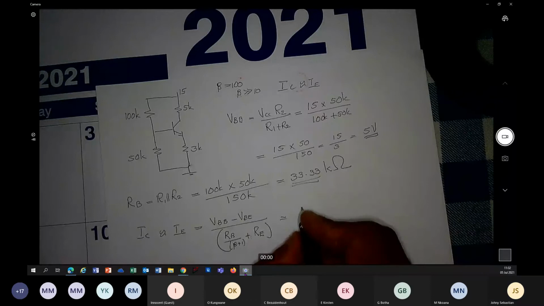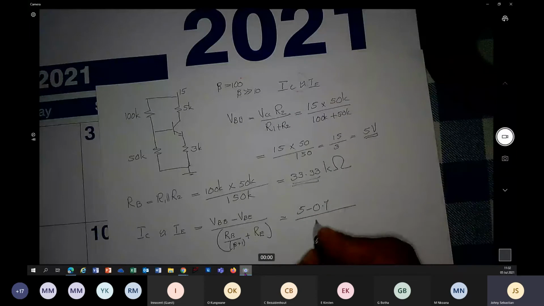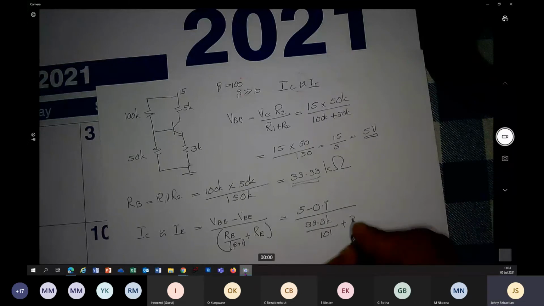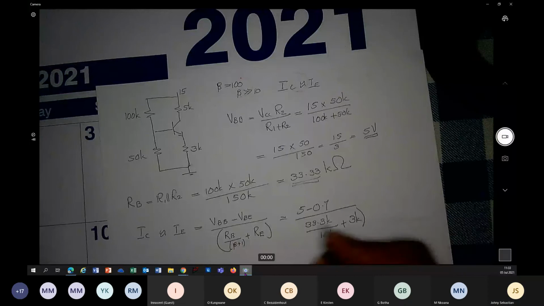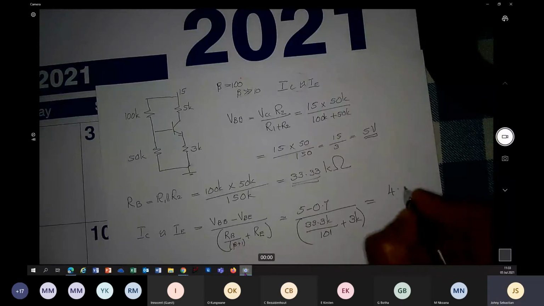That is 5 minus 0.7, divided by 33.3K over 101 plus RE, which is 3K. This is 4.3 divided by, give me the answer there, please.